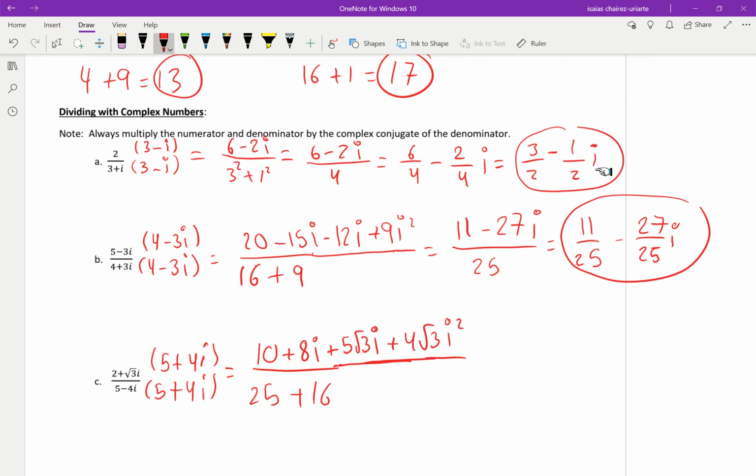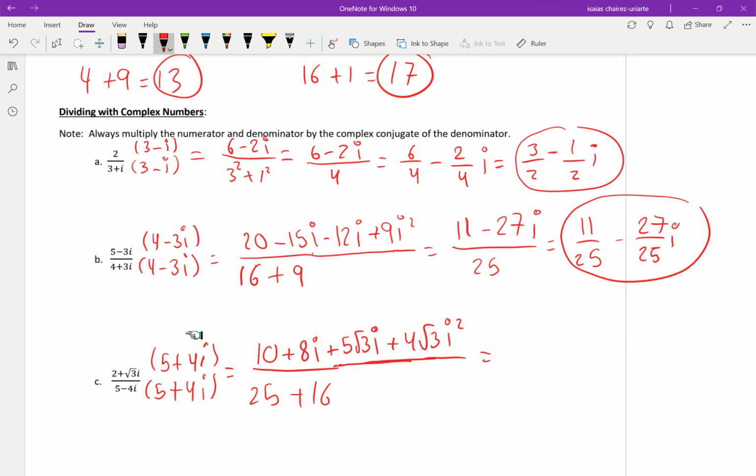That's what I get in the numerator. So 2 times 5, 2 times 4i, square root of 3 times 5i, square root of 3i times 4i. Okay, so let's see. My denominator is just what, 41? So 16 plus 25, so 41.